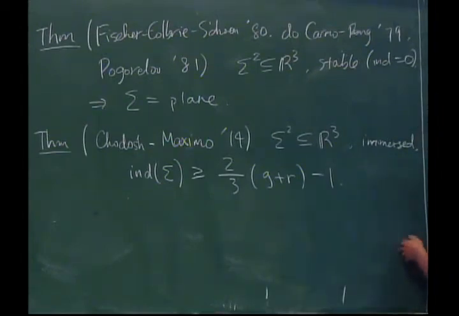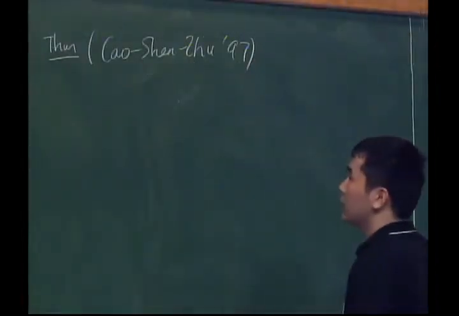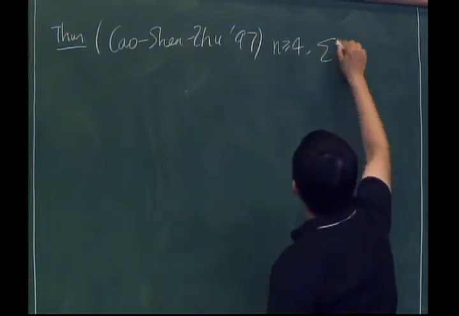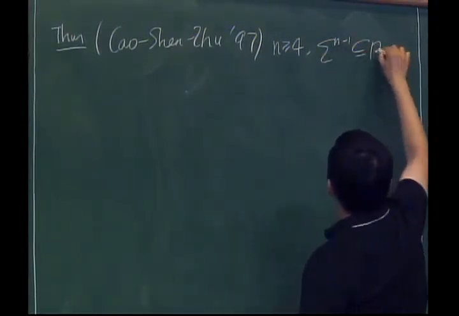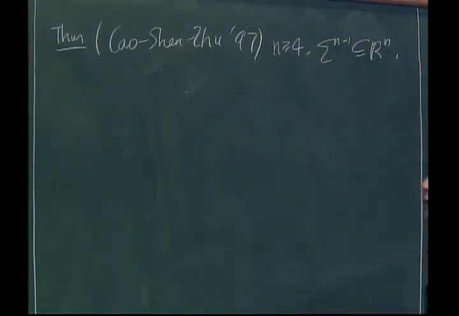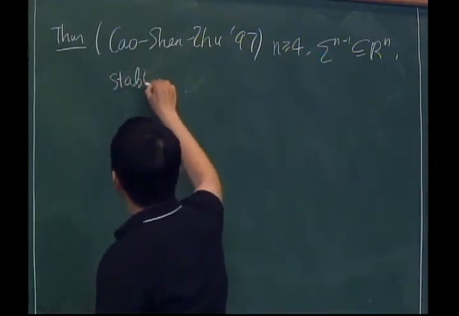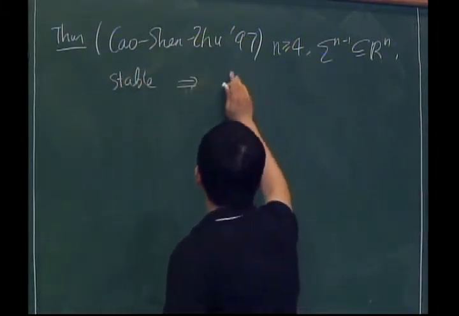towards that question that is due to Cao, Shen, and Zhu, 3 Chinese mathematicians. In 1997, they managed to prove that if you have a minimal hypersurface in higher dimensional Euclidean spaces, then if it is stable, it can only have one end.